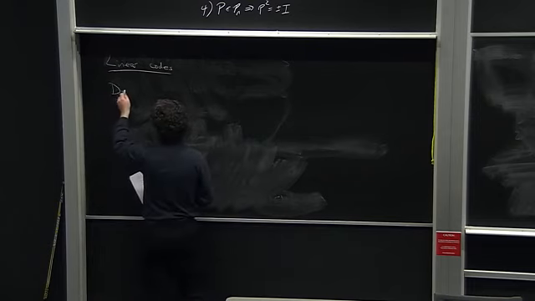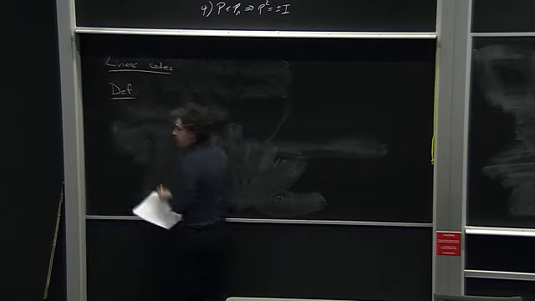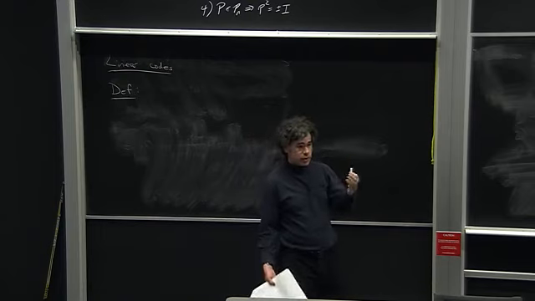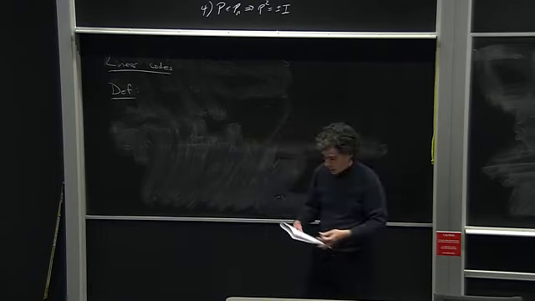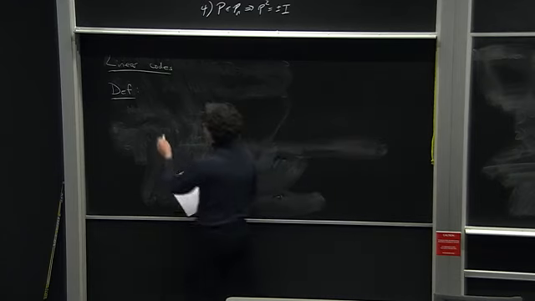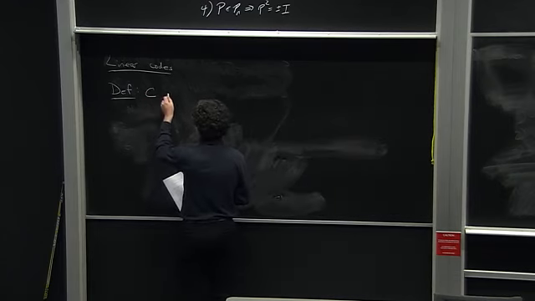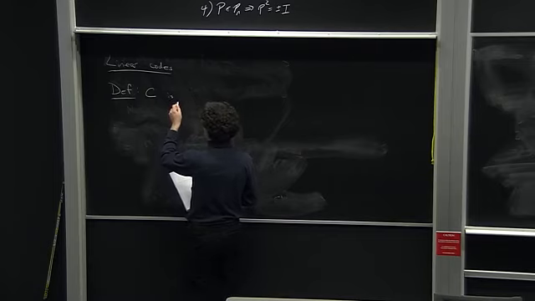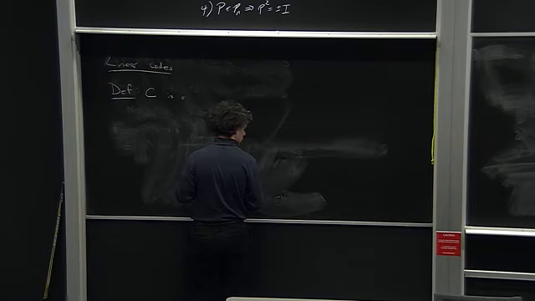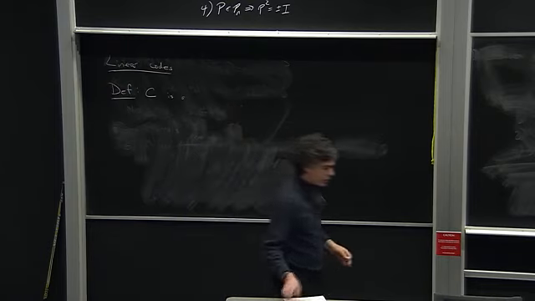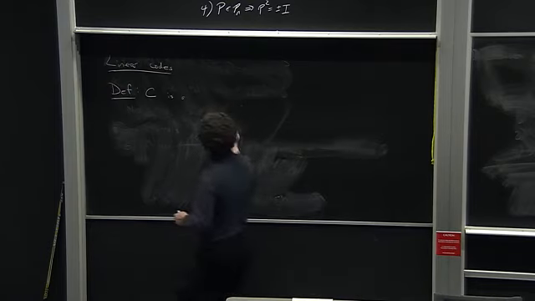So classically, instead of quantum states, we're dealing with bit strings. And a classical code is just some set of bit strings.